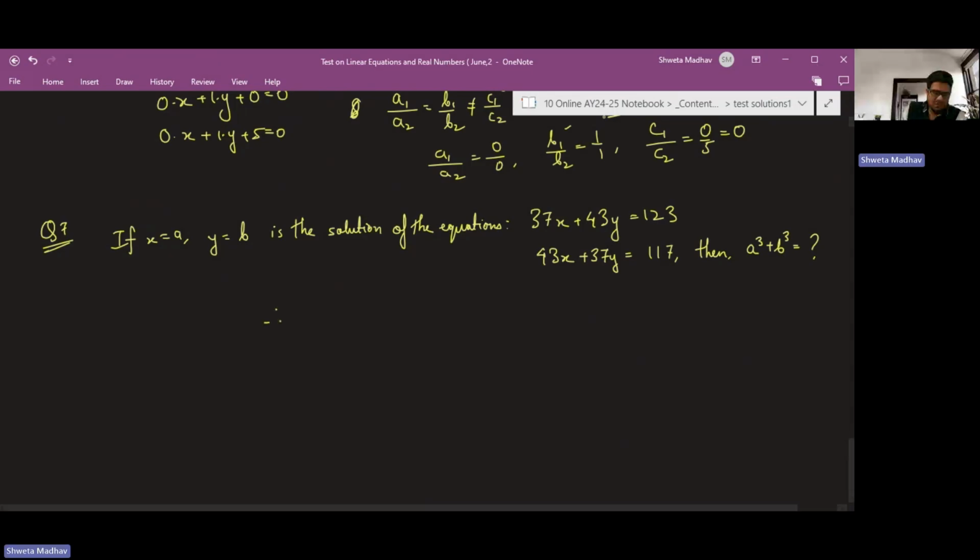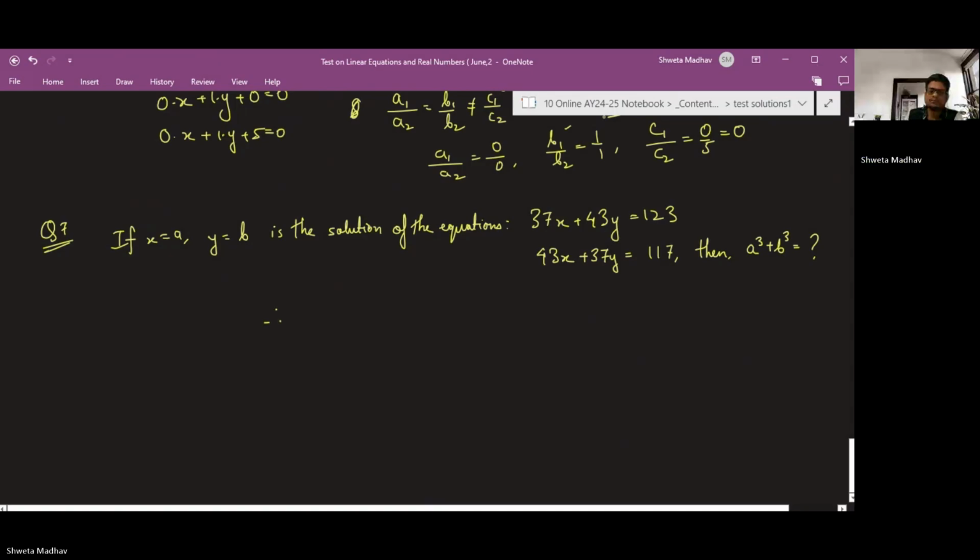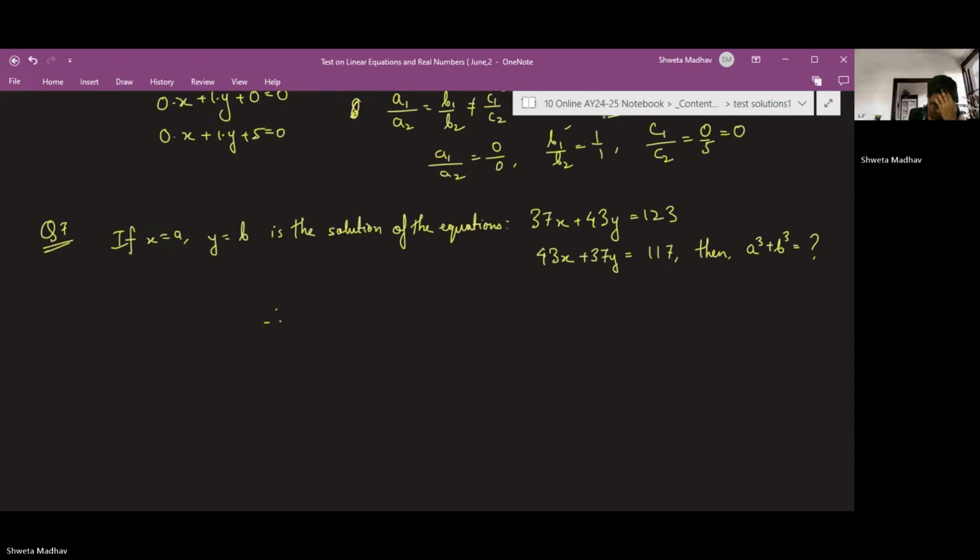So here, if we want the solution of this pair of linear equations, then as you can see, the coefficients of x and y have been interchanged in the second equation.